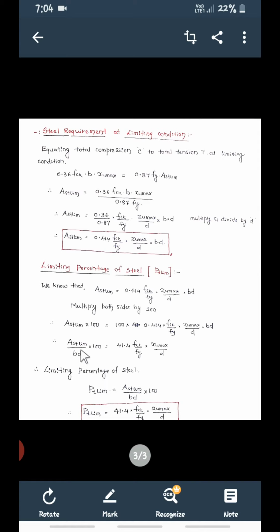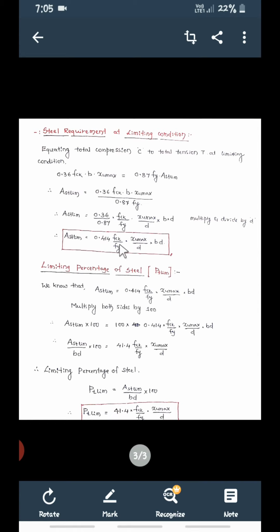So AST upon BD into 100, this total term I can write as PT limit. So PT limit is equal to 41.4 into FCK divided by Fy into XU max upon D. So this equation will help you to calculate the percentage of steel at limiting condition.